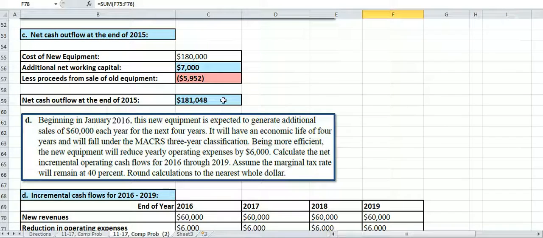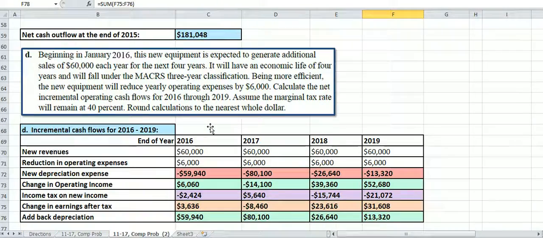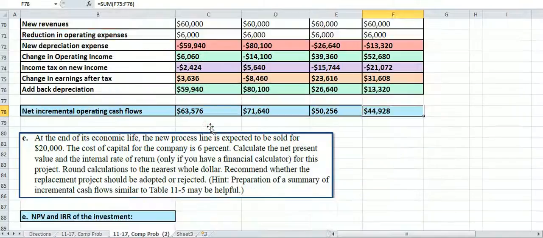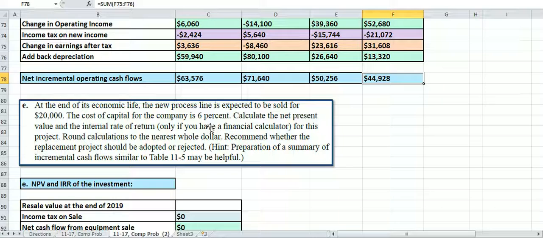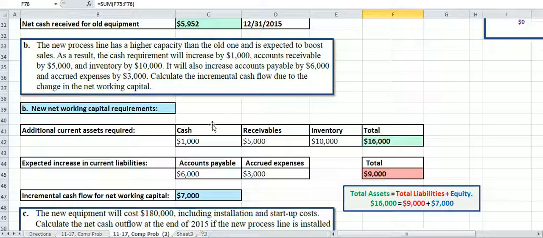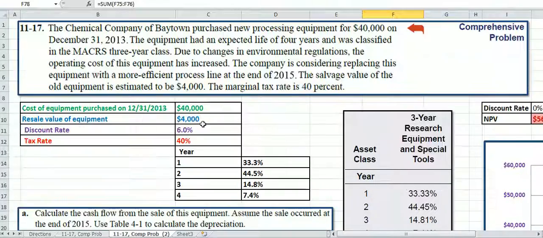So the opportunity cost for buying this new process line equipment is 6% that they could have earned somewhere else. So that's one other way you can think of the cost of capital, or the discount rate. Okay, and we put that in at the very beginning, if you remember, way up here.